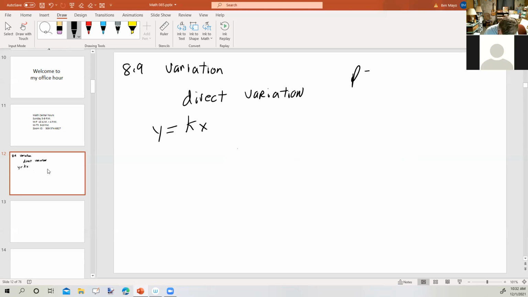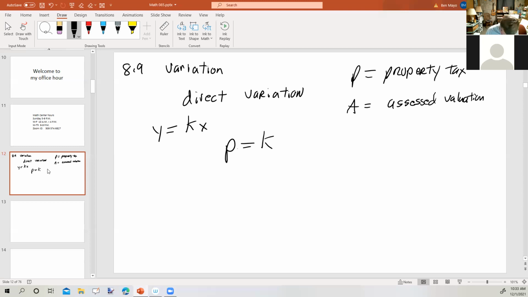Let's let P equal property tax and A equal assessed valuation. Okay, so the property tax varies directly as the assessed valuation.